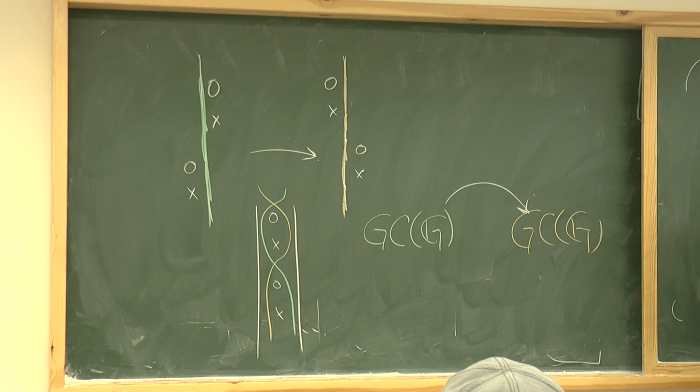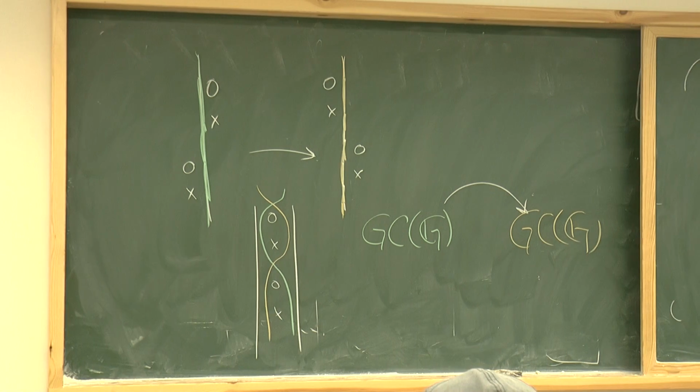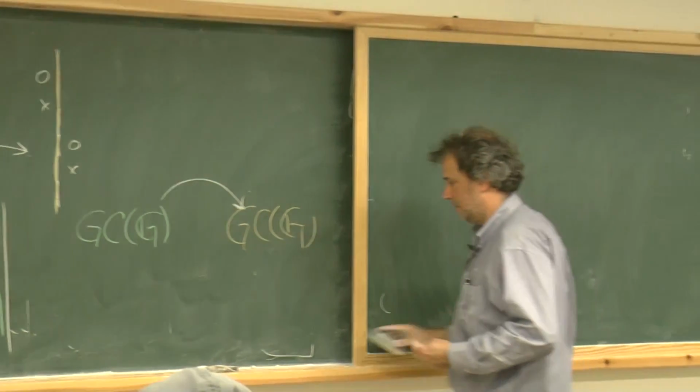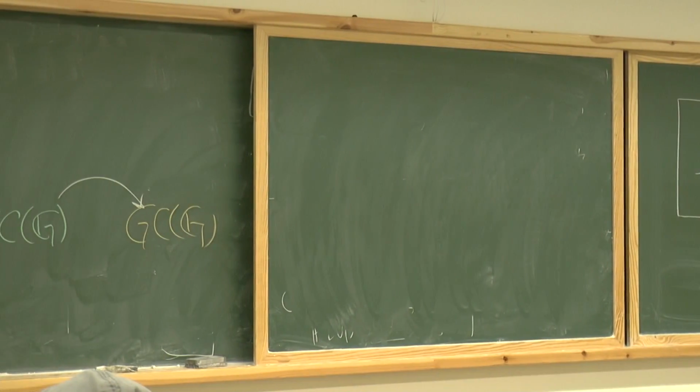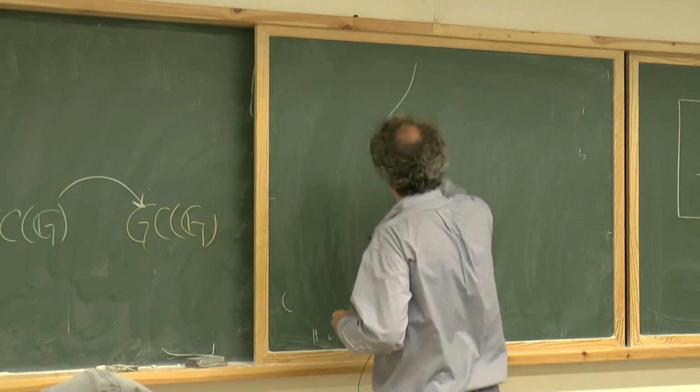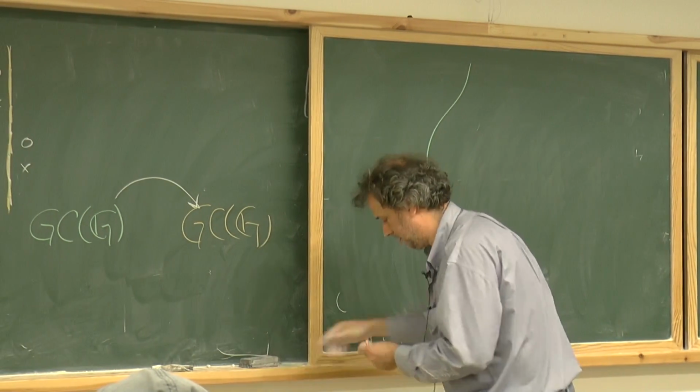And my chain map is going to count pentagons in the following sense. So I'm going to just draw that picture again bigger.